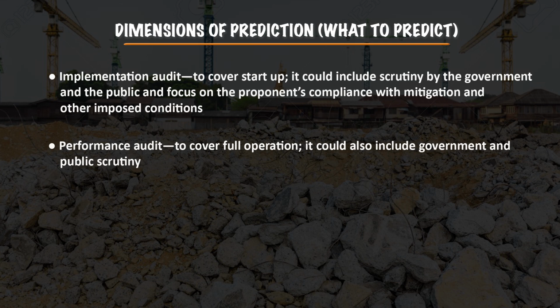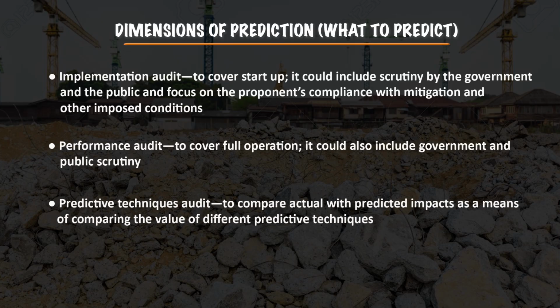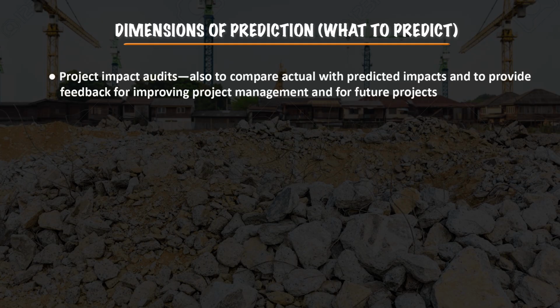It could also incorporate government and public scrutiny. Then there is the predictive techniques audit, which compares actual with predicted impacts as a means of comparing the value of different predictive techniques. There are also project impact audits, which also compare actual with predicted impacts and provide feedback for improving project management and for future projects.